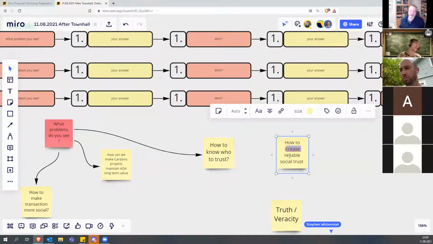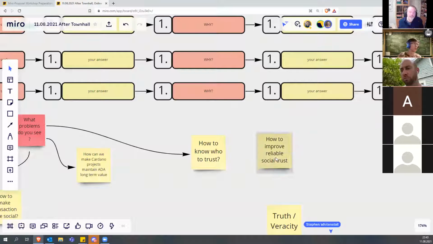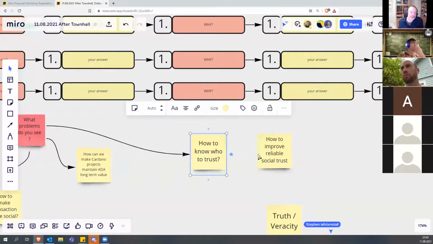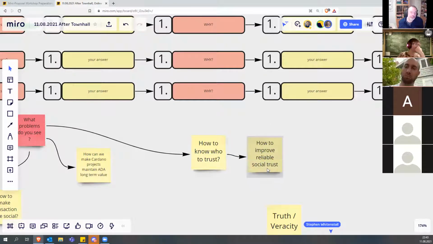Increase, or improve. Is it quantifiable? I feel like it's quite hard to quantify trust. How to improve trust. But right now we kind of reworded it with the more complex stuff.